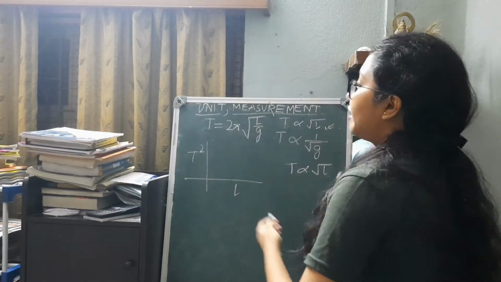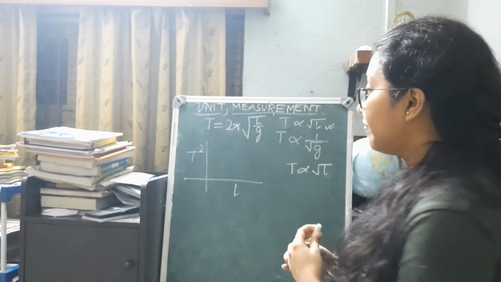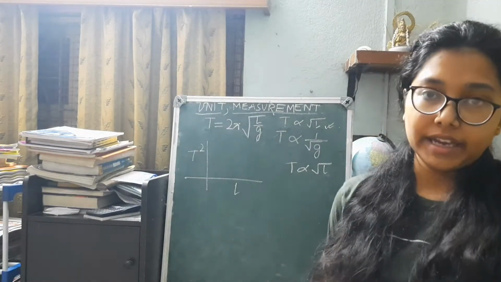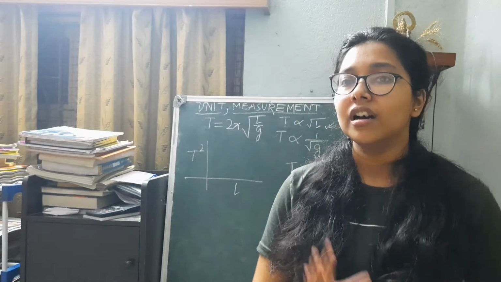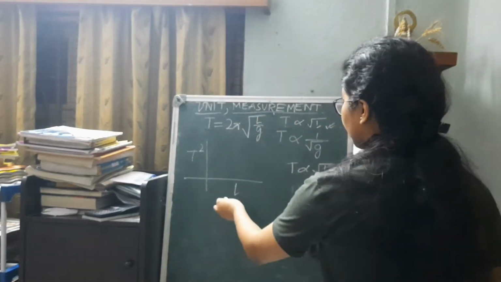how can we find the value of acceleration due to gravity g from the slope of the graph t square by L? This is generally a physics practical, but sometimes it can have direct application for your exam purpose as well as for your knowledge purpose.